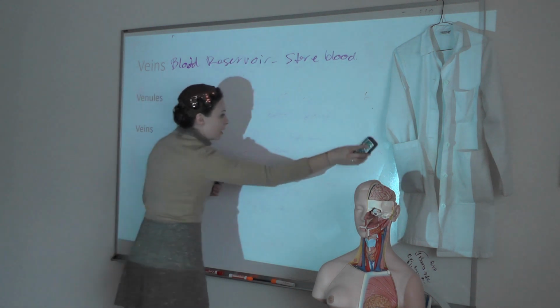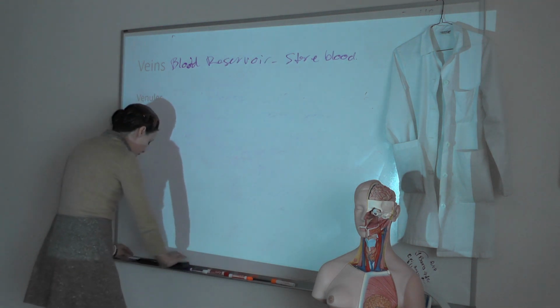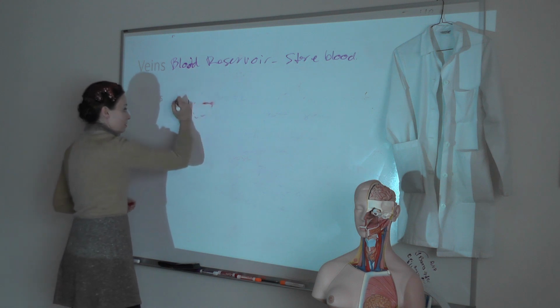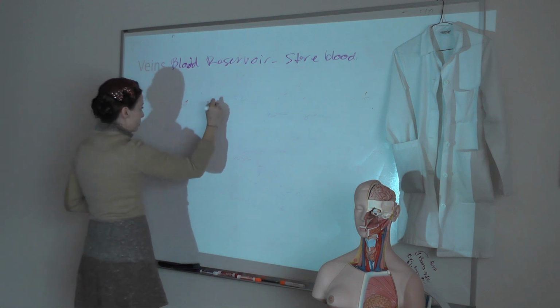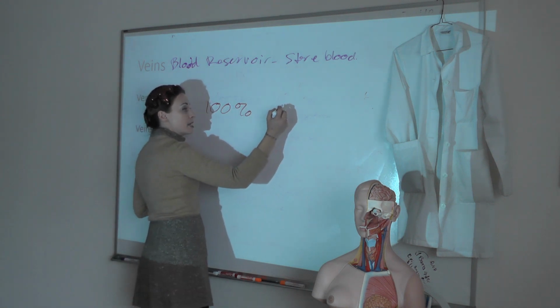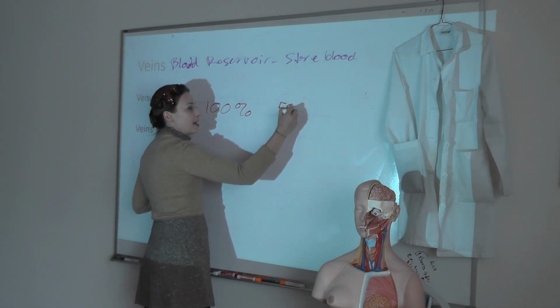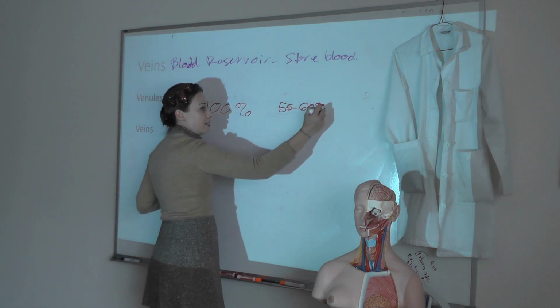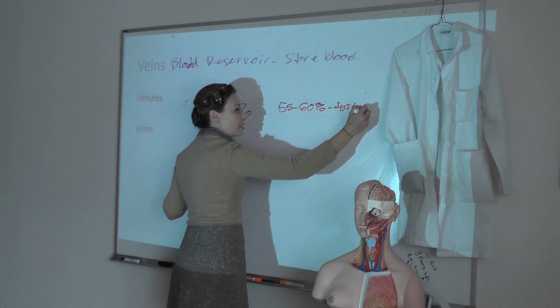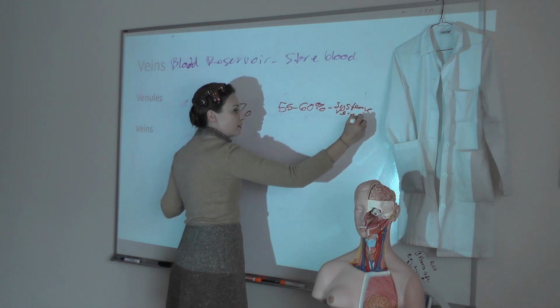So if you look at 100% of your blood volume at any given moment, well, not 110%. You might try and give 110%, but you've only got 100%. So if you have 100% of your blood, about 55 to 60% at any given moment is in your systemic veins and venules.